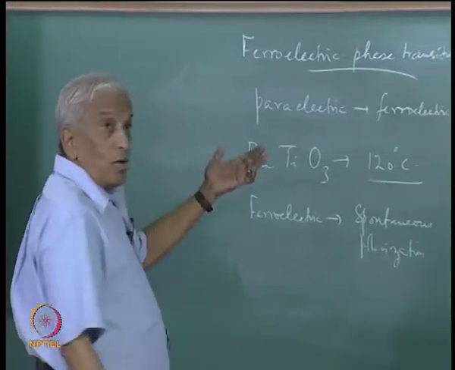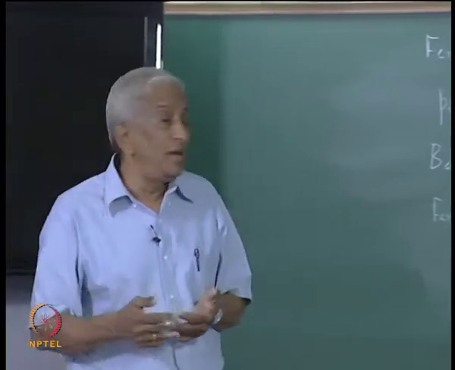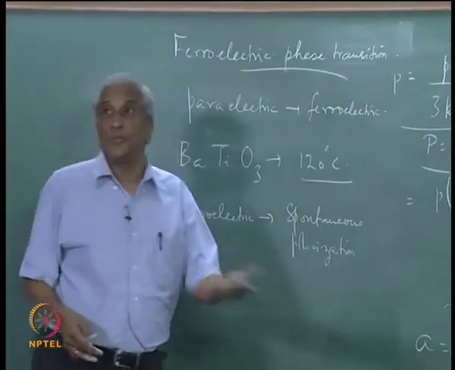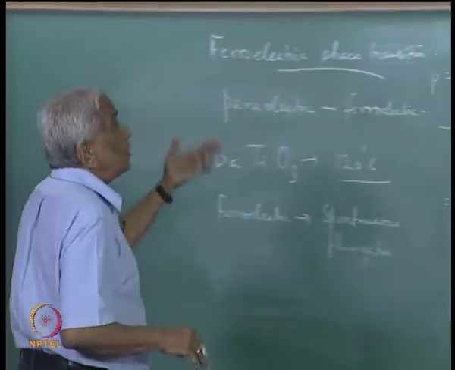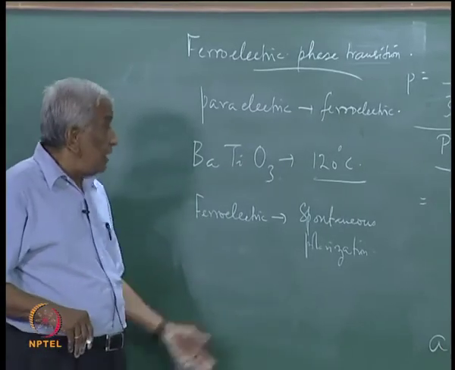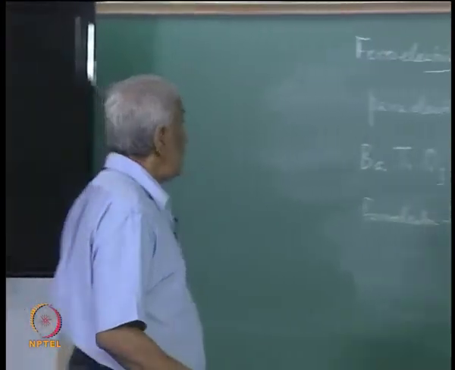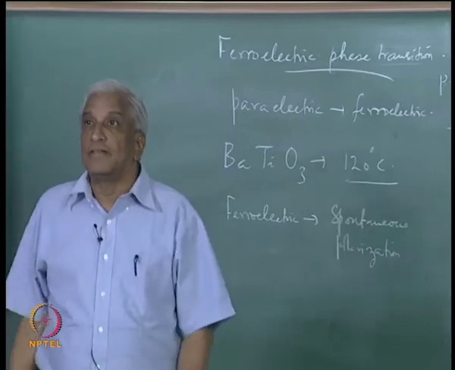Normally, till now we have been talking about situations where an applied electric field tends to create a polarization, induce a polarization, or orient the dipoles to produce a net polarization. So, here this is an entirely different situation where even in the absence of an applied electric field there is a polarization.